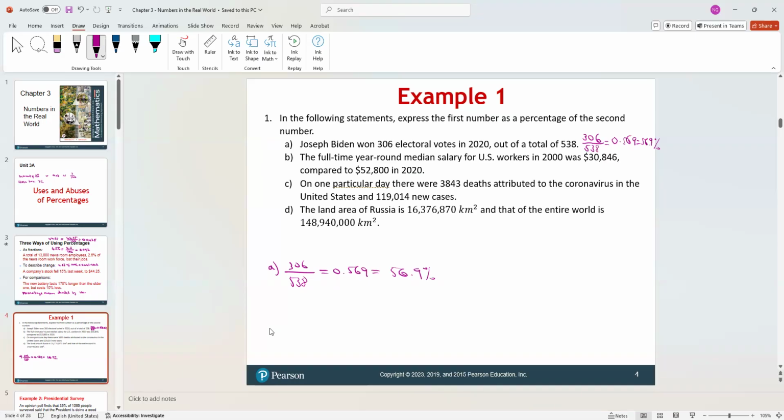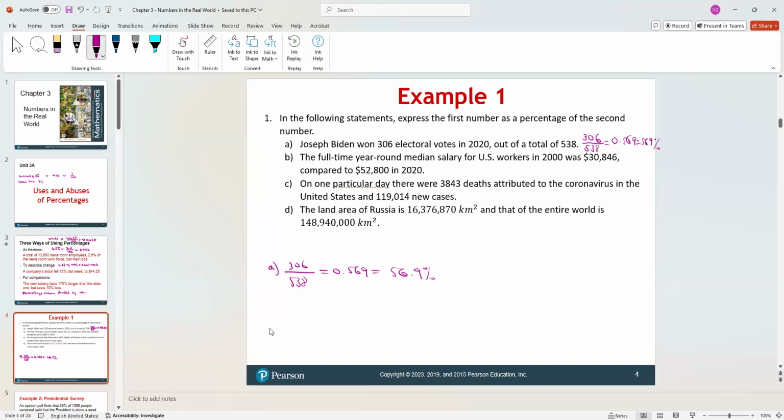So in 20 years, the median U.S. worker's salary goes from 30,846 to 52,800. So that's what happened.